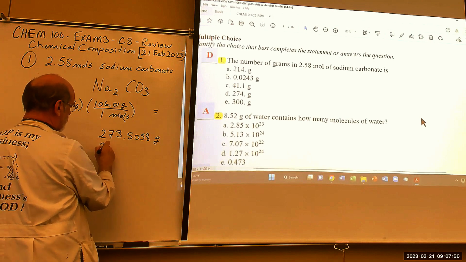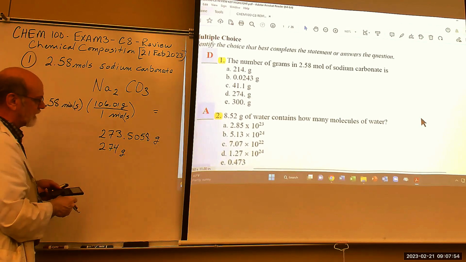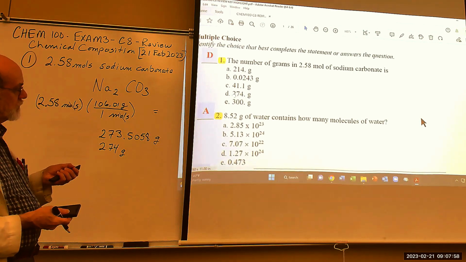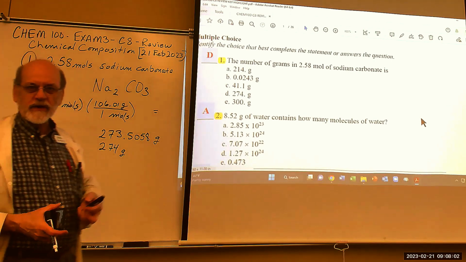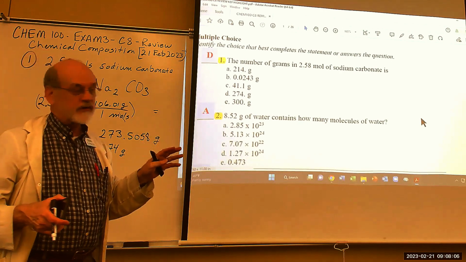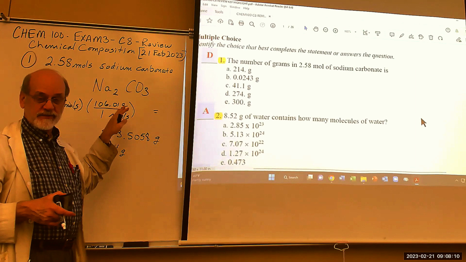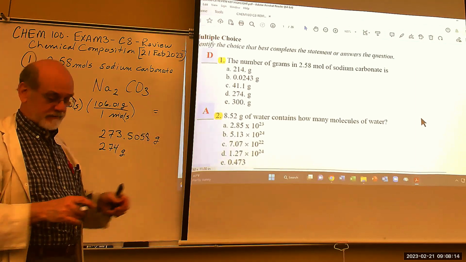So we have to round it off to 274 grams. And so there it is, 274. Now, I went through this first one in nauseating detail because when we reach other problems that need some of these steps, I won't have to go over it again. We'll just do it.